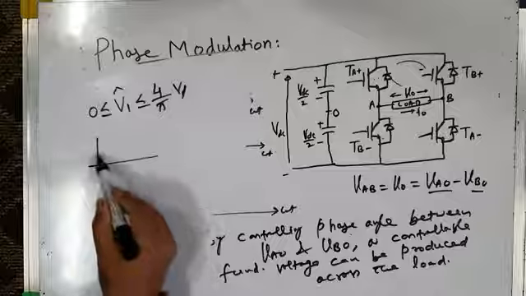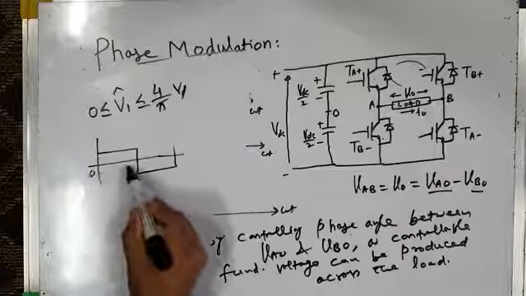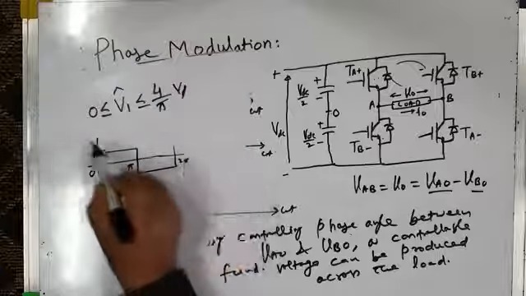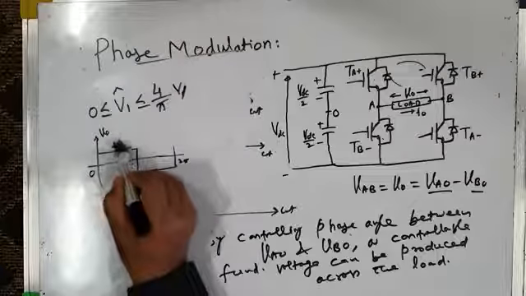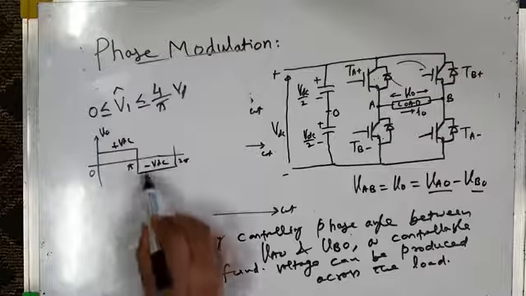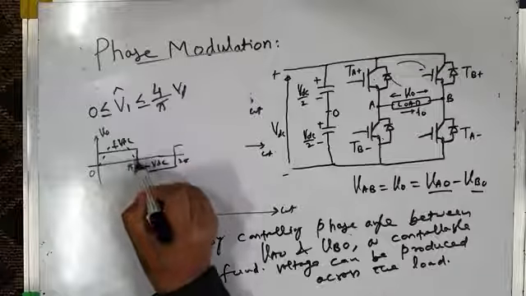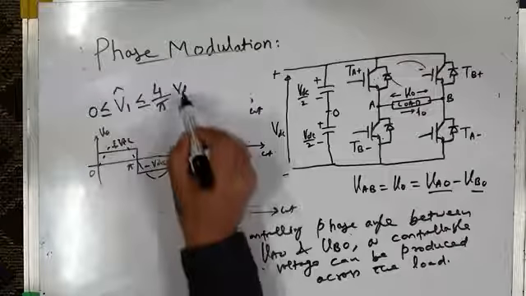Because when maximum voltage is applied across the load, at that time your inverter is operating in square wave mode. And in that case, load voltage is plus VDC, minus VDC. Plus VDC from 0 to pi, and from pi to 2 pi minus VDC. And the fundamental component of voltage will have maximum value, and that is 4 by pi VDC.